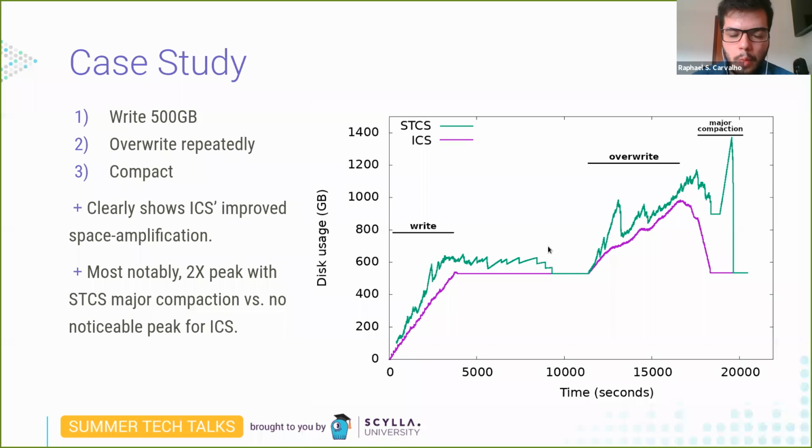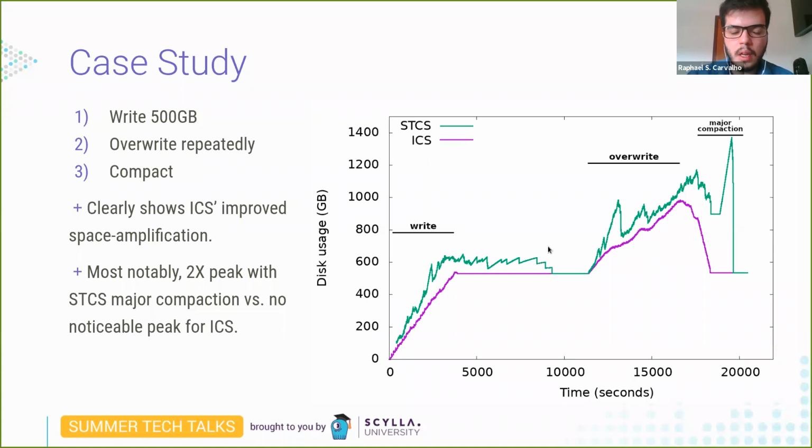So the main reason behind this graph is to analyze the compaction strategy behavior, the disk usage behavior of those compaction strategies over time. The graph on the screen was generated by sampling disk usage over time. You can see it's composed of 3 steps.